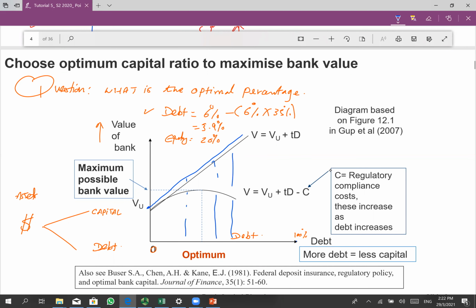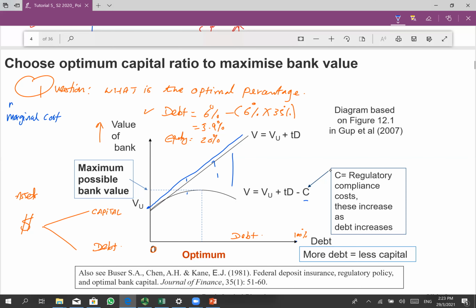But the problem is the compliance. The regulators will come and tell me, no, you cannot do that, and they will start to punish me. Fine, punish me. As long as the cost of the punishment is less than the earnings, I'm okay, which is what we call the marginal cost.